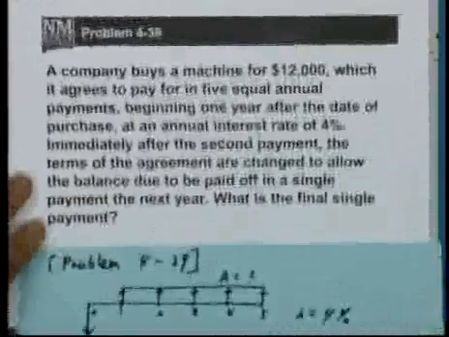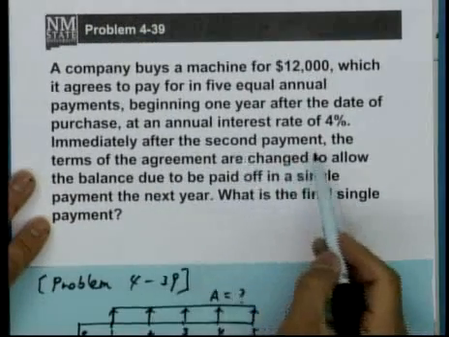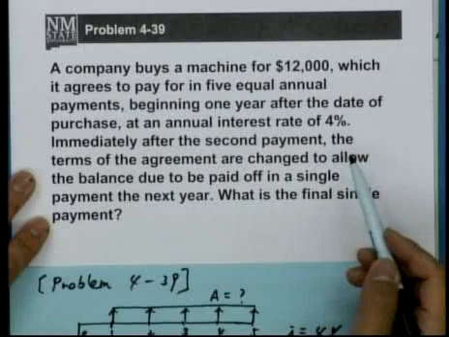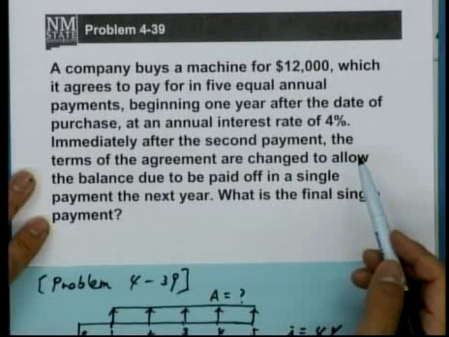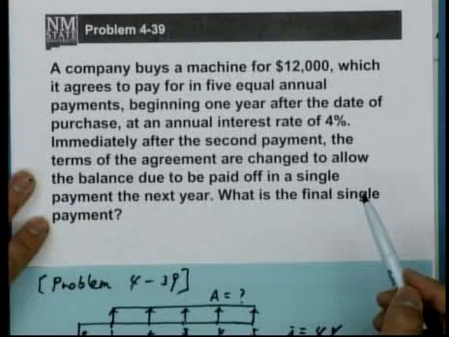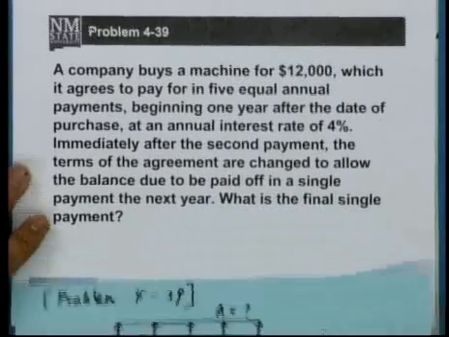And in the problem description, immediately after the second payment, you are allowed and want to pay off the balance due in a single payment in the next year. Then what is the final single payment?